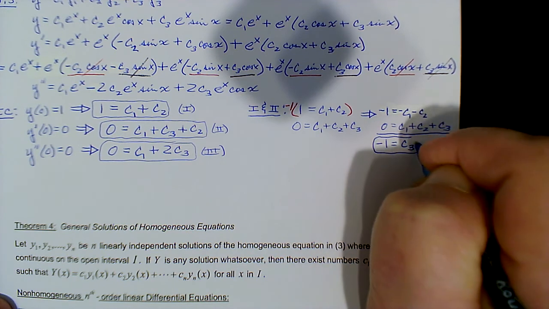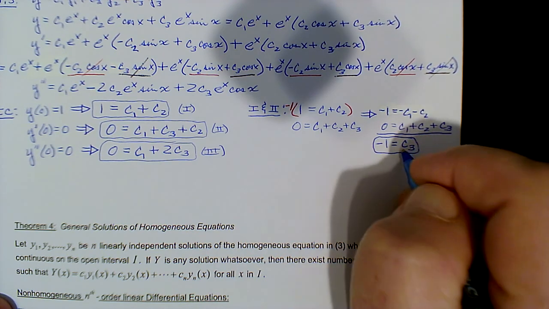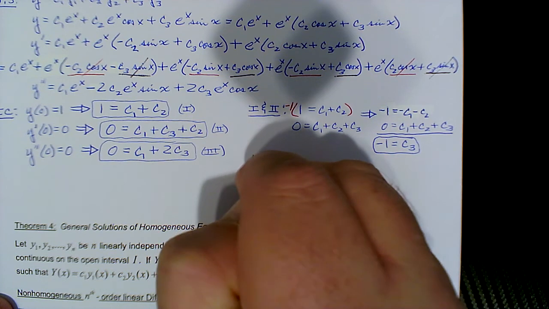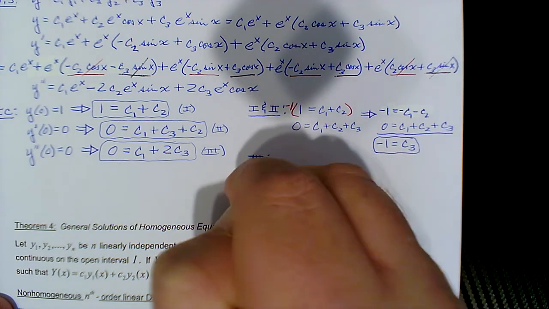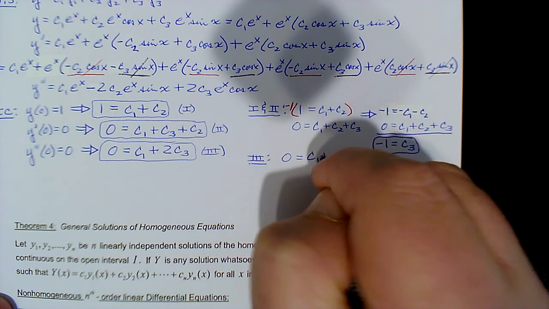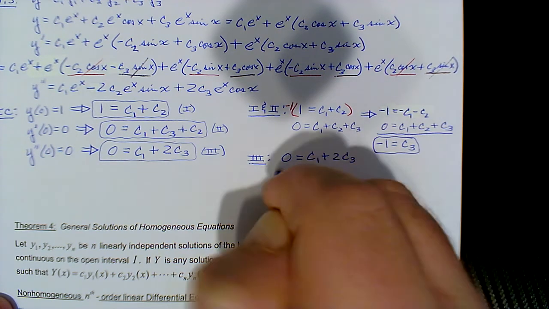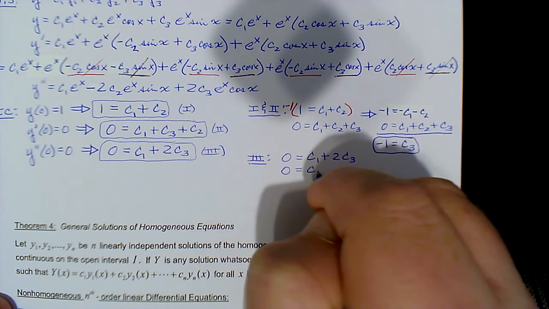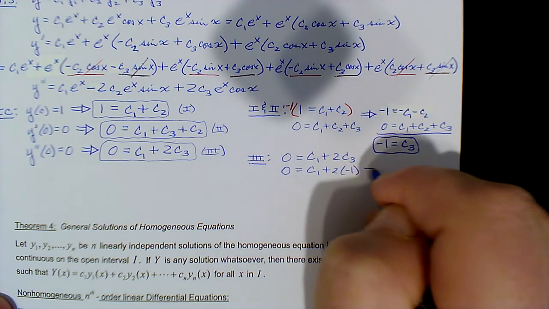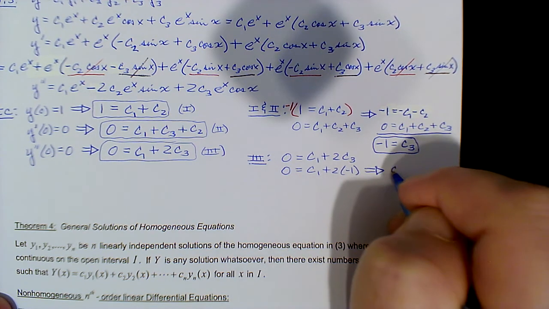So that was an advantageous way to proceed. So now let me take C3 and go back to equation 3, because I have just 0 equals C1 plus 2C3. So C1 plus 2 times -1. So then C1 would be a positive 2.